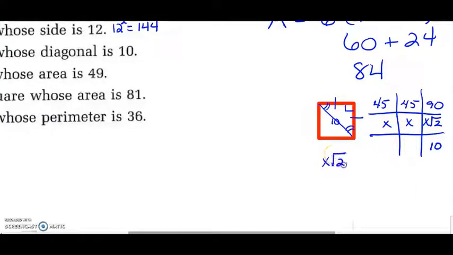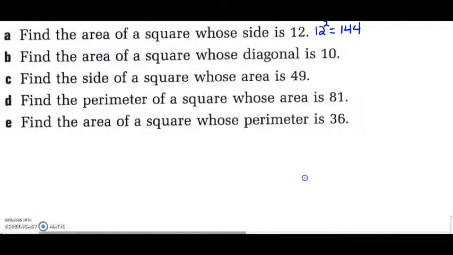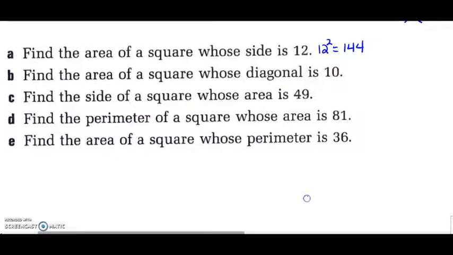If x square root 2 equals 10, divide both sides by the square root of 2 and rationalize that denominator. We get x equals 5 root 2. We were asked to find the area of that. So 25 times 2 is 50.